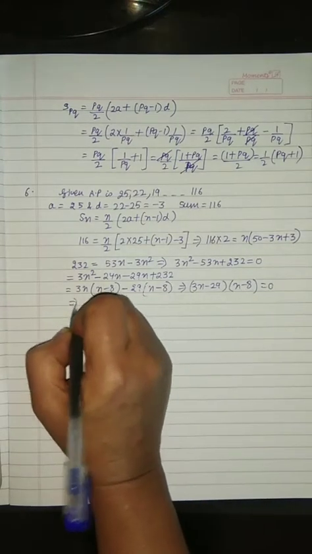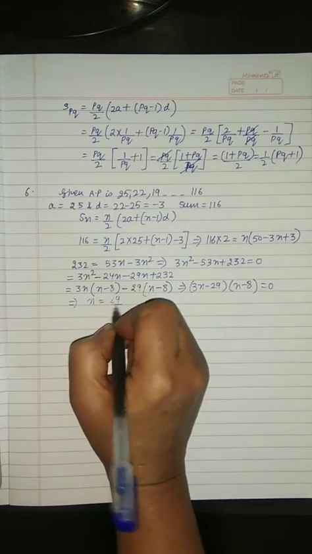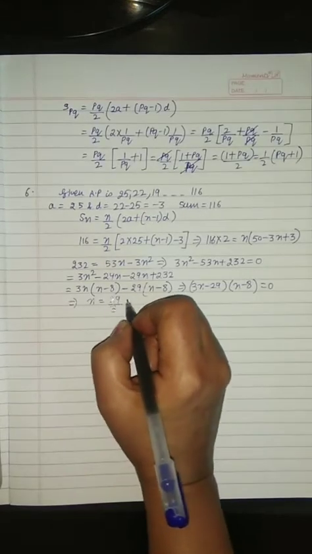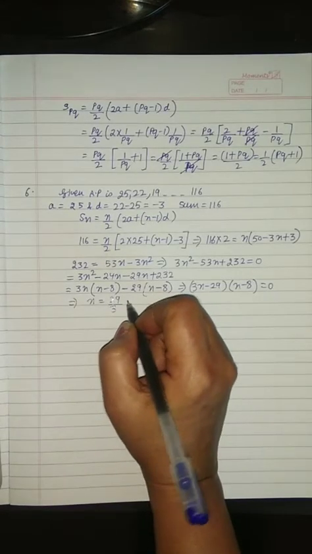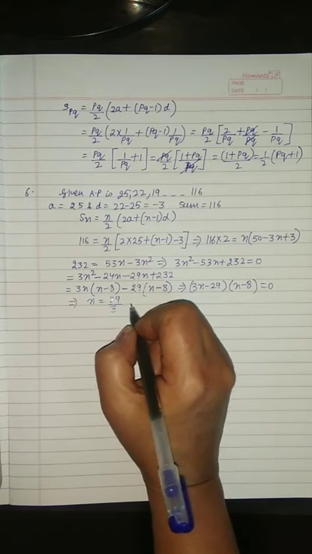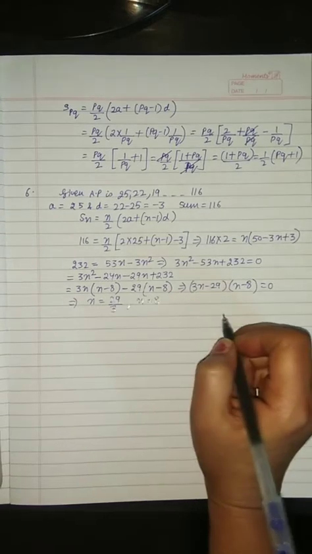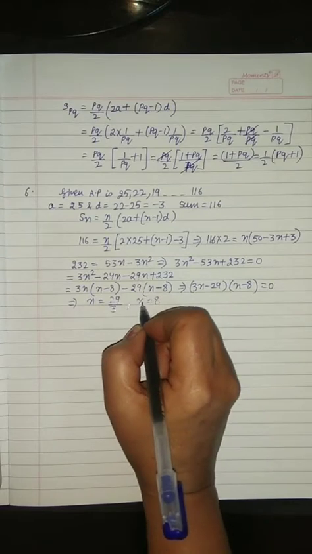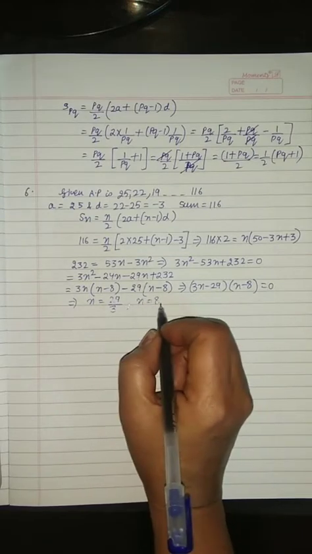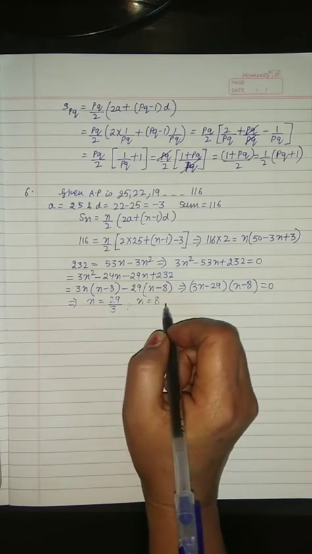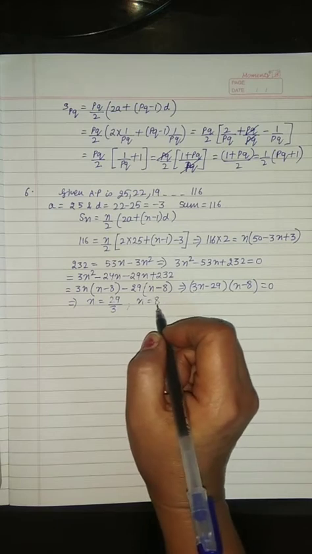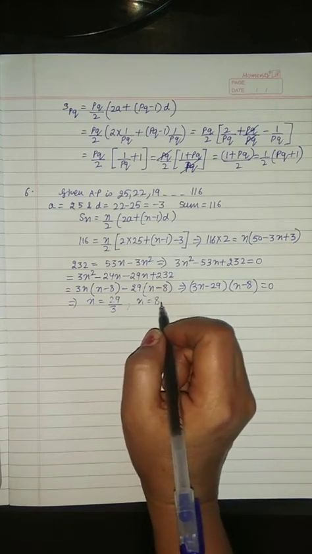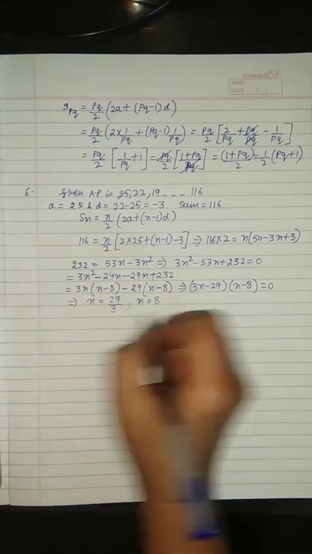So from here we get n is equal to 29 by 3. n cannot be a fraction, so this value of n will be rejected, and n is also equal to 8. So this value n is equal to 8 will be accepted. So when n is equal to 8, we have to find the last term. Last term means the nth term.